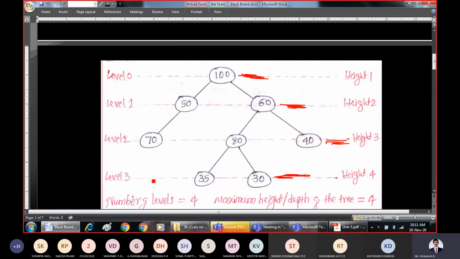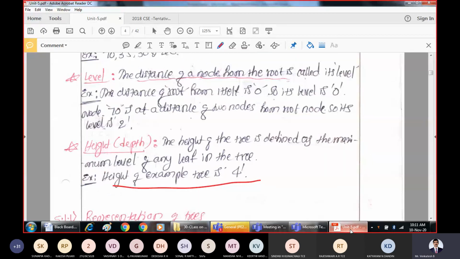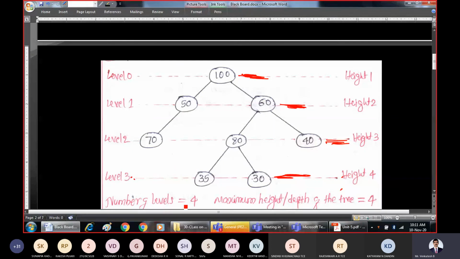Generally, maximum level plus 1 is nothing but the maximum height of this tree. So there are 4 levels actually. The number of levels is nothing but the height of the tree. But level starts from 0. The height of 100 is 1, the height of 50 and 60 is 2, and the height of all these nodes is 3.